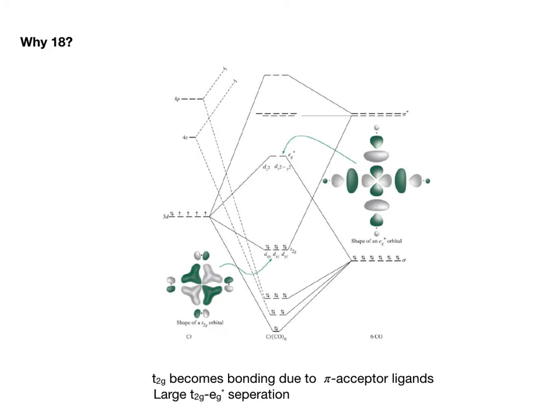But in the presence of pi star, pi acceptor levels, the T2g levels are pushed down and become bonding. So this basically increases the separation between T2g and eg star, as we have learned before.